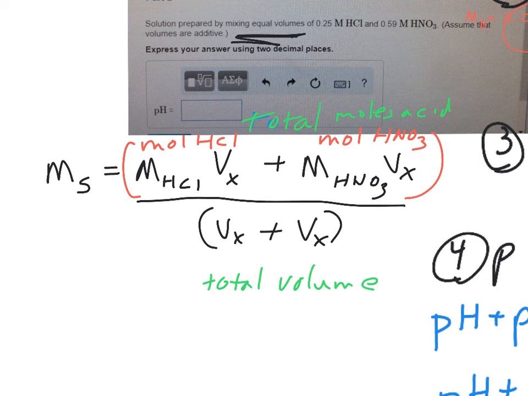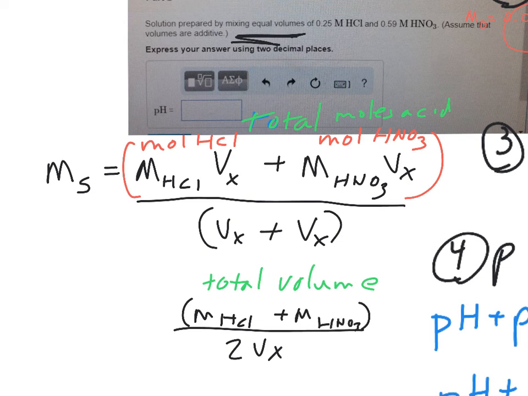Vx plus Vx is 2Vx. So I have 2Vx under the molarity of my hydrochloric acid plus the molarity of my nitric acid, and I can pull out that Vx there, right? Pulled the Vx out of parentheses, and now the Vx cancels out, so my molarity is simply the average of the two molarities, since I'm using equal volume.